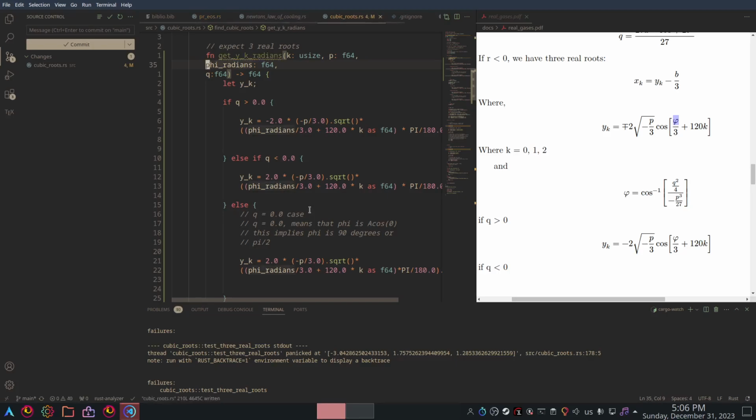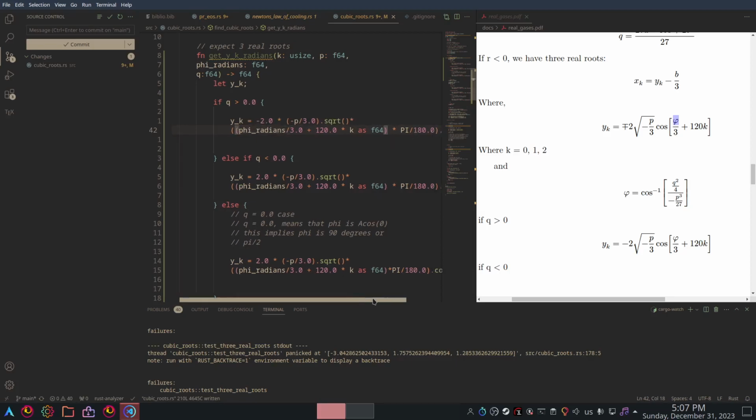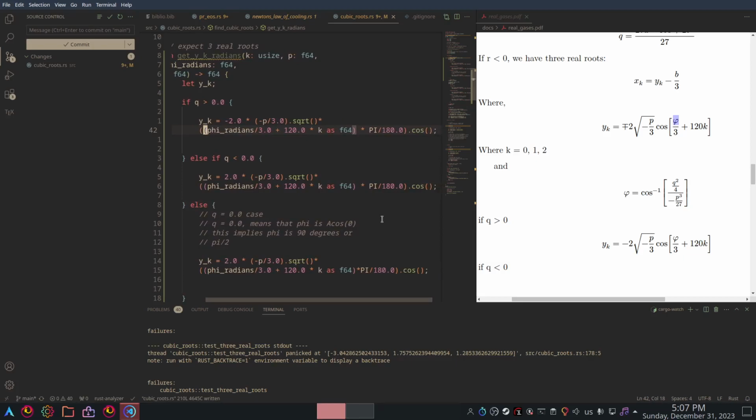So I do not need to convert this 5 radians divided by 3 into a radian value, so I'm going to cut this part out. The only part where I do conversion is this part, 120k times pi over 180. I'm going to do that for all three.